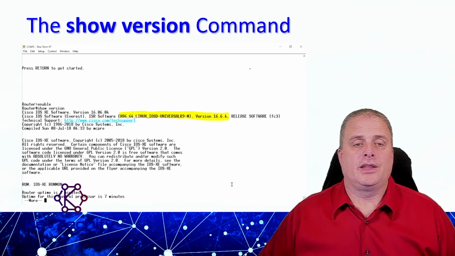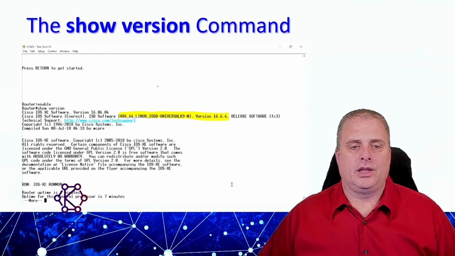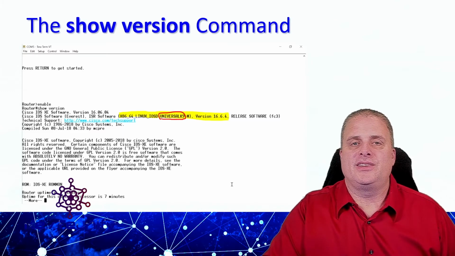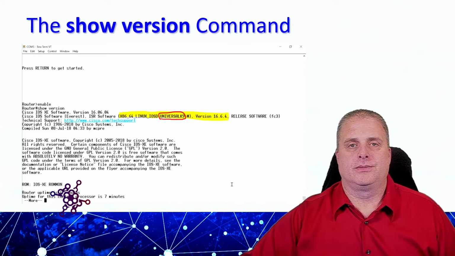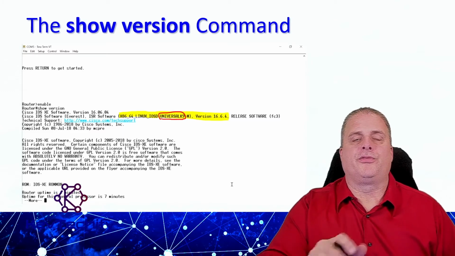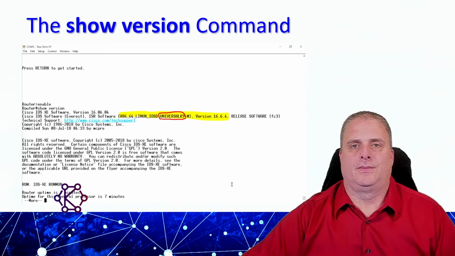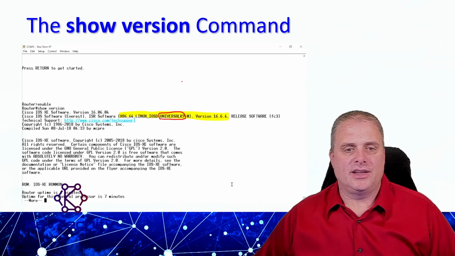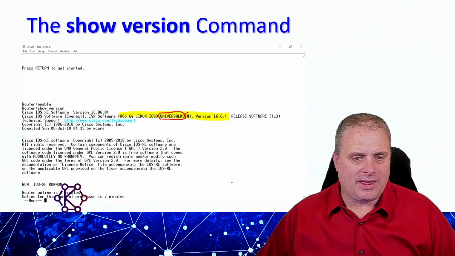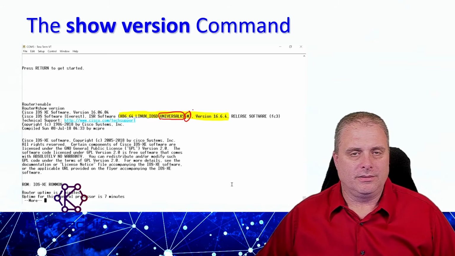This shows me that the router is running the universal K9 image right here. This provides all of the basic Cisco IOS features, including support for strong cryptography. This is the extended maintenance package that is signified by the M right here at the end.